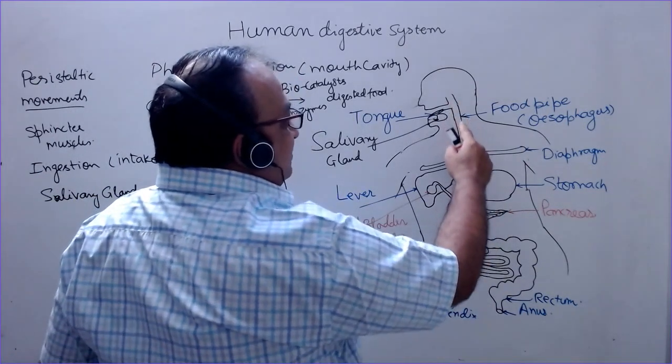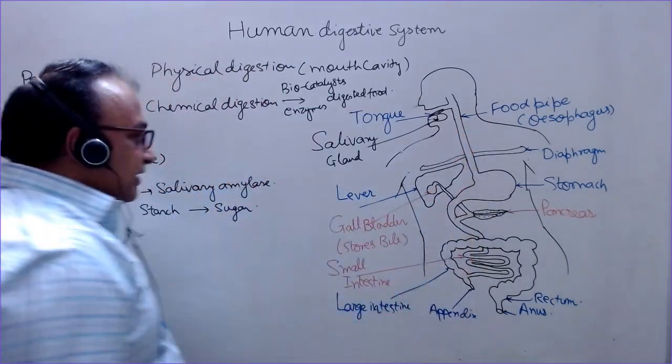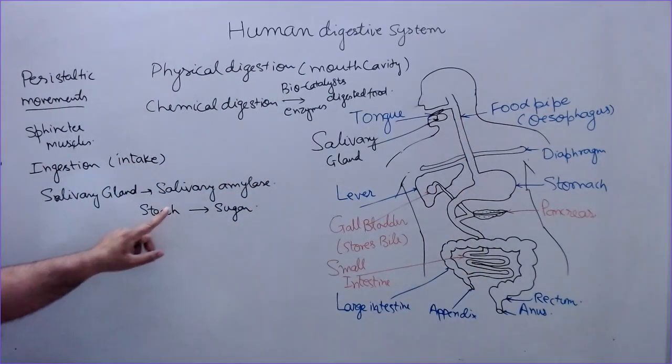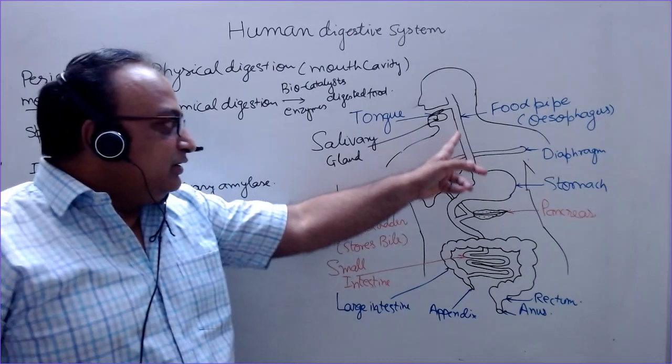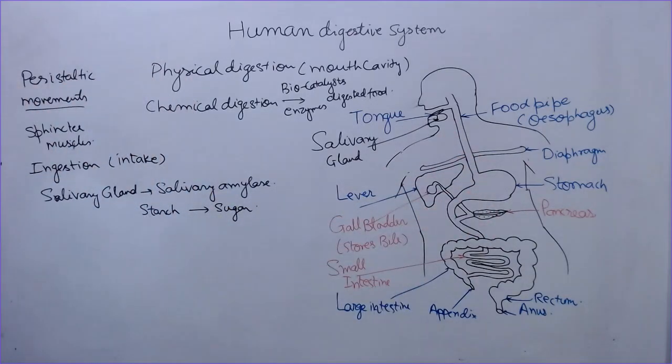Here it was solid, some saliva was mixed with it, with salivary amylase converting starch or carbohydrate into sugar, and after that the semi-solid food enters the stomach and remains for around 3 hours, and is further divided into smaller pieces.